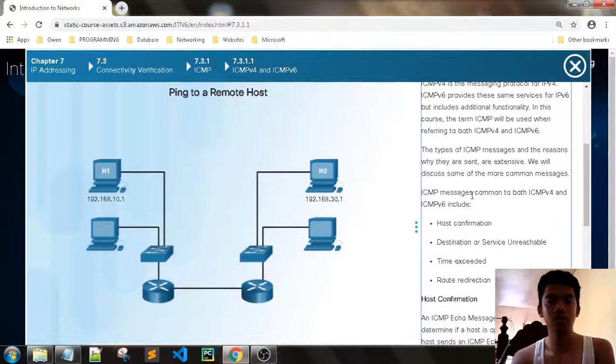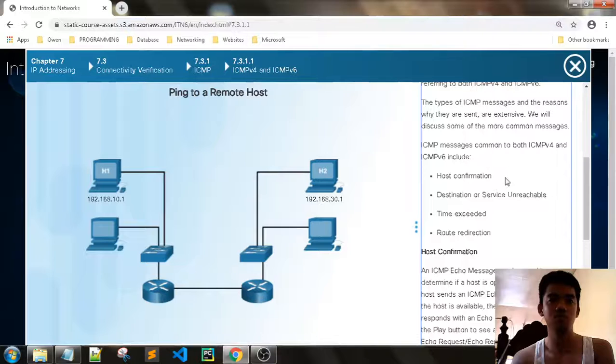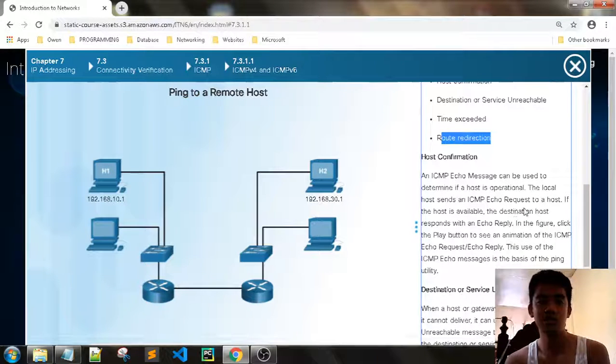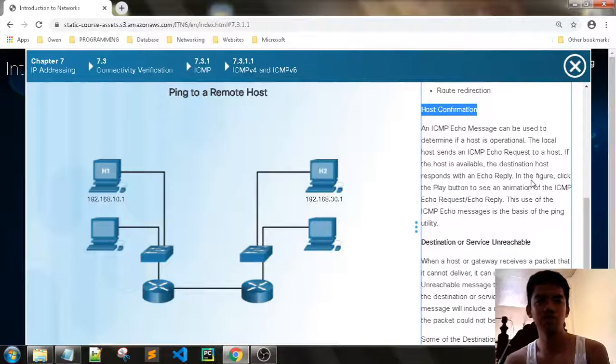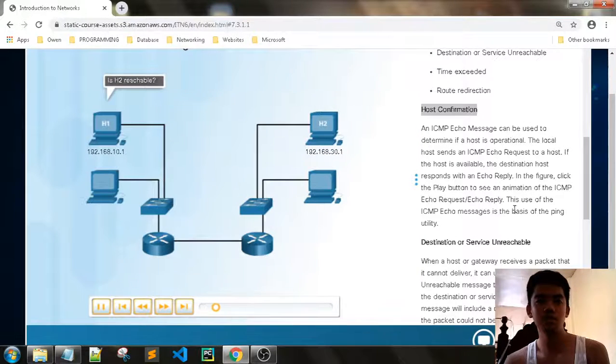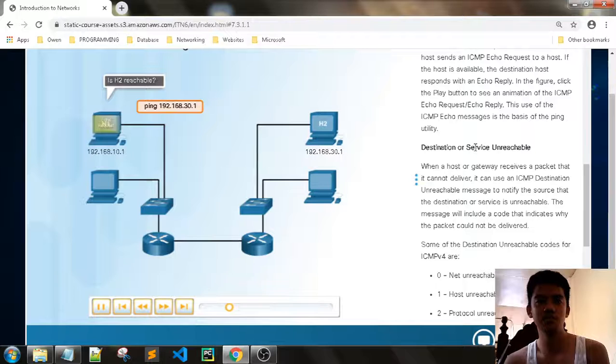The most common messages for both ICMPv4 and ICMPv6 are host confirmation, destination or service unreachable, time exceeded, and route redirection. Host confirmation is an ICMP message that can be used; the echo message is commonly used for pings.